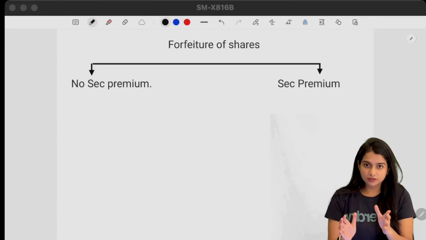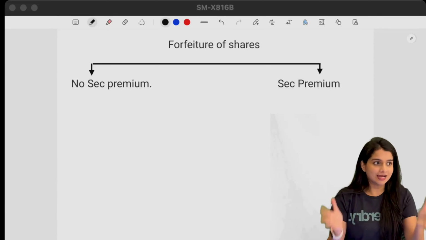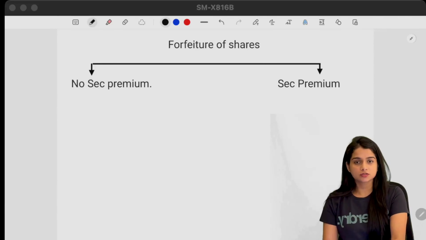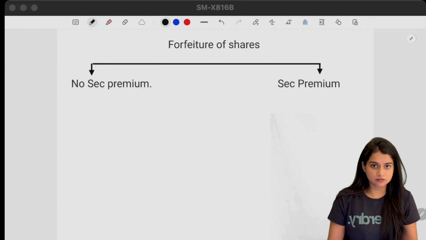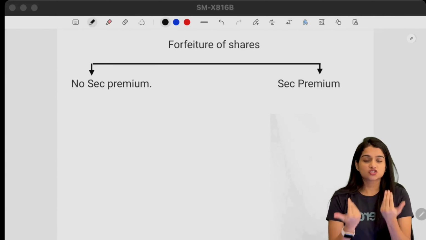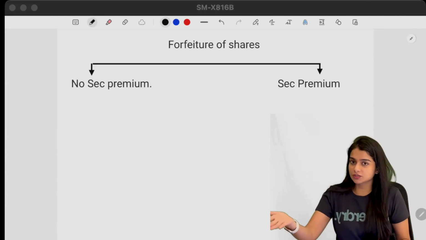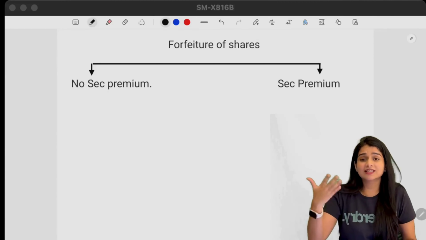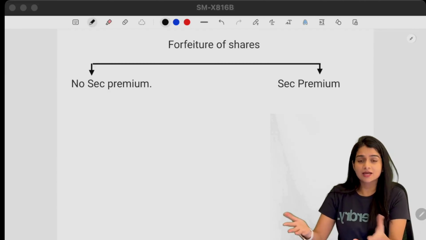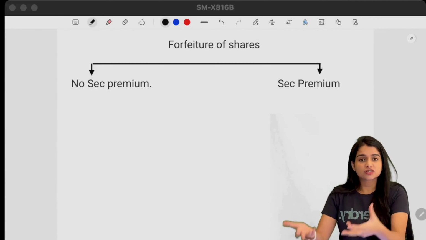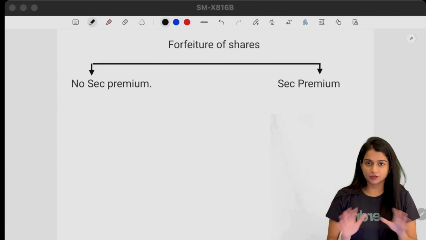So forfeiture is the company's action against a person who is doing regular defaults. Once the shares are forfeited, the original person's shares, whoever holds them, are cancelled and the shares are back with the company.